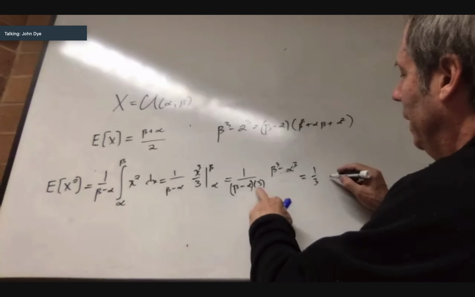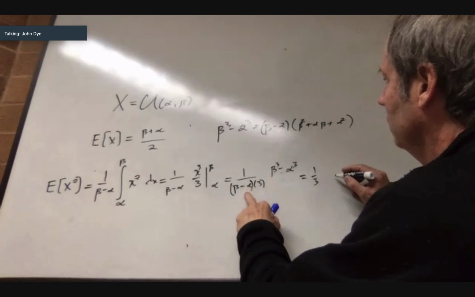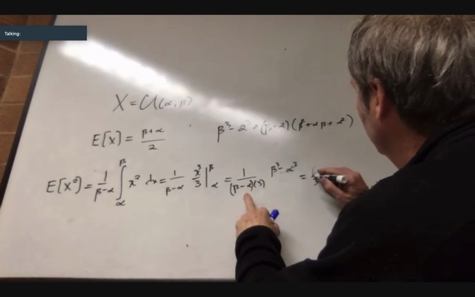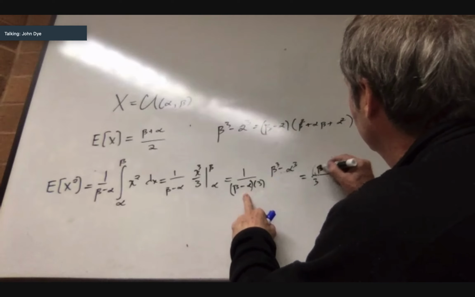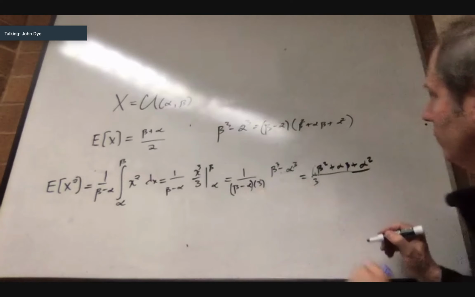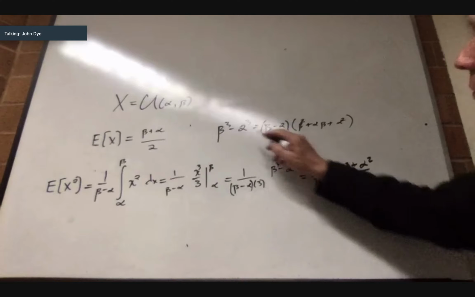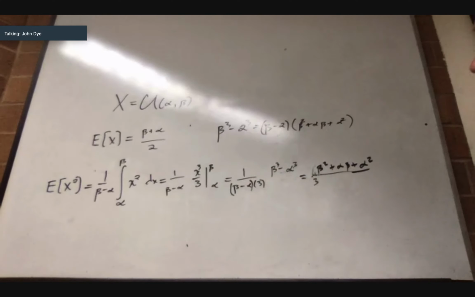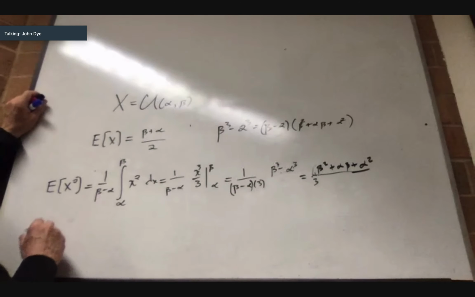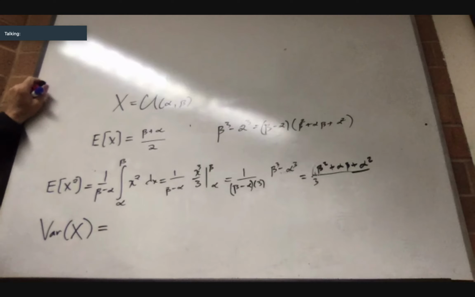The beta minus alpha from this will cancel this, but the 1/3 remains. And so the top is beta squared plus alpha beta plus alpha squared, if I did this right. So if we're trying to succeed in getting the variance, what will that be?